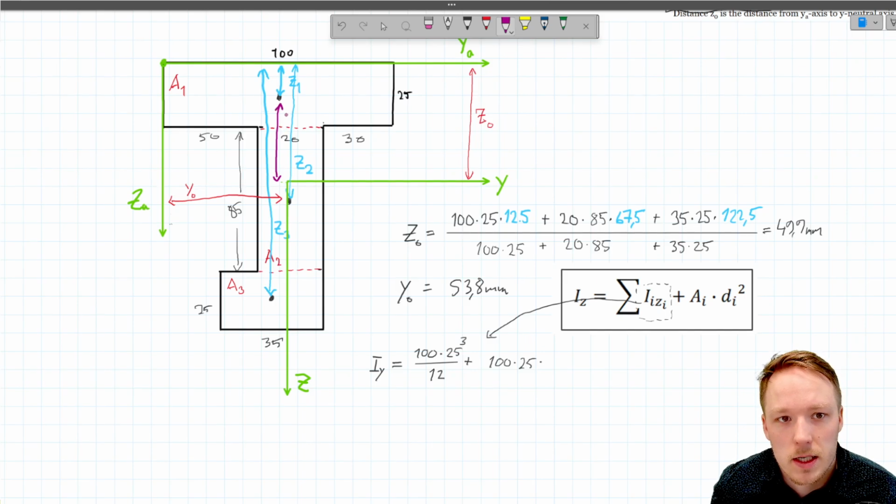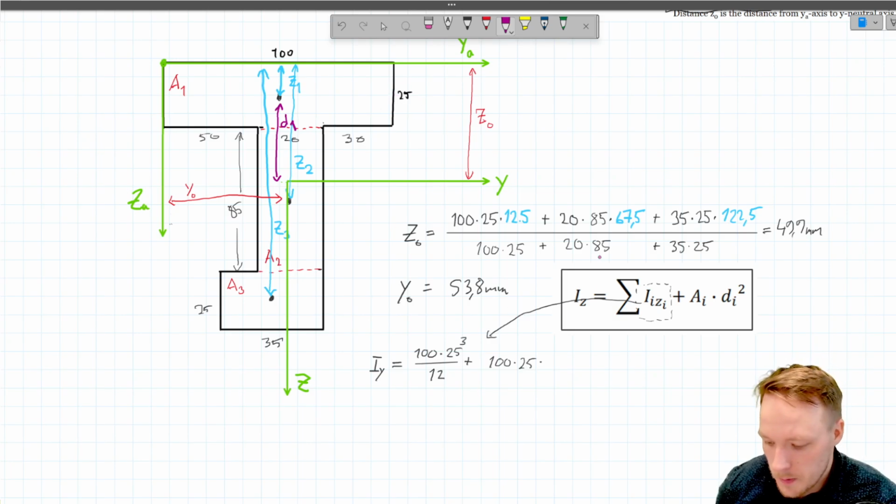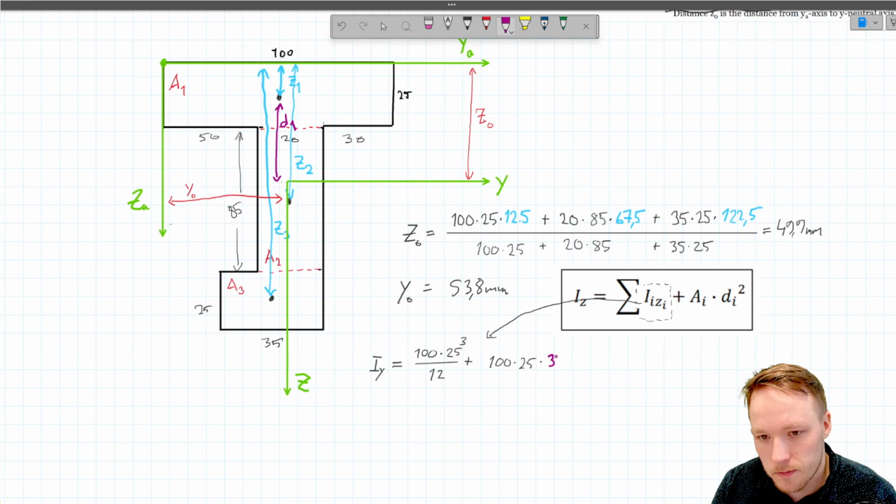So this one is d1. And d1 in this case is z0 minus 12.5, which will be 37.4. And this power to 2.